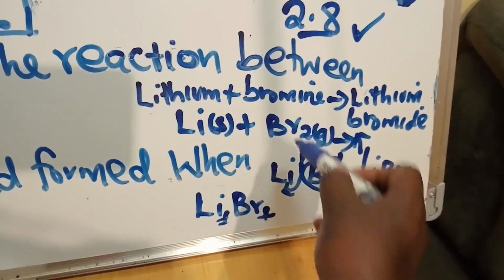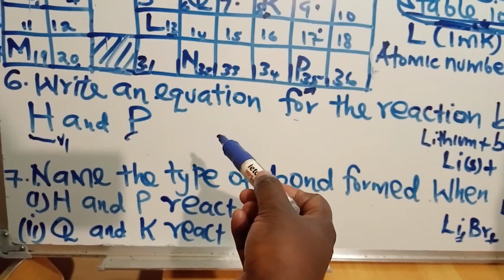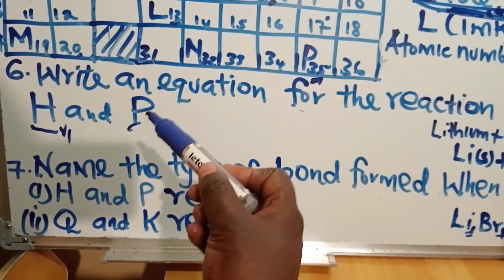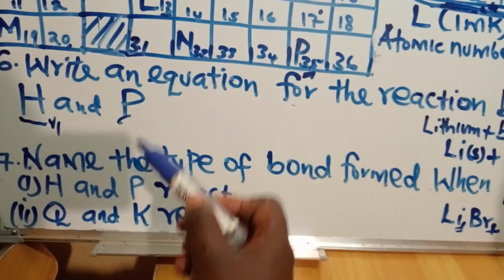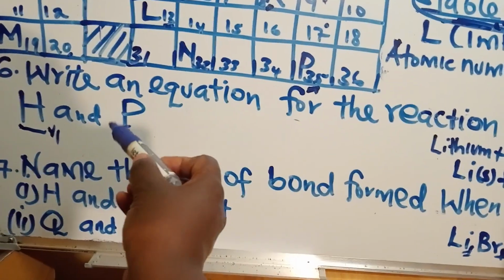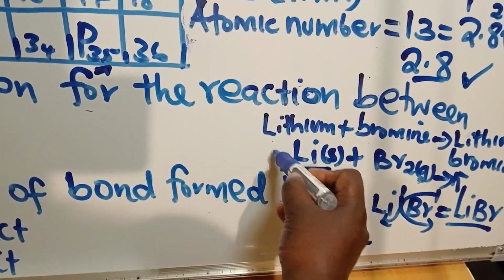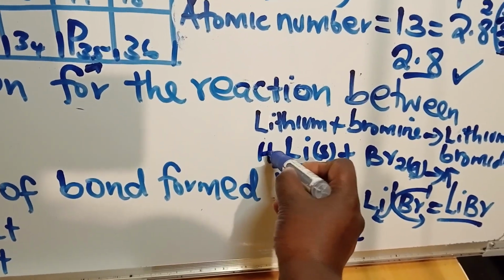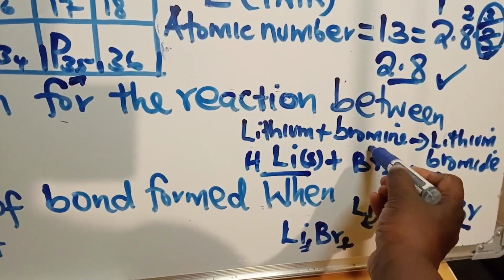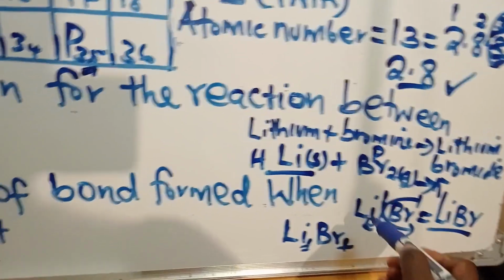So now that we have the real equation, and remembering that for such an equation we said that only letters are supposed to be used, then we come back to the letters and we say lithium was standing in for H. Then P was standing in for bromine.